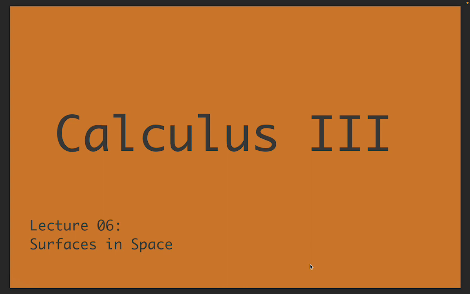Once we're through this lecture, we'll be ready to jump into vector valued functions and ultimately move into tangent vectors, normal vectors, and start talking about differentiation and integration of these kinds of functions.